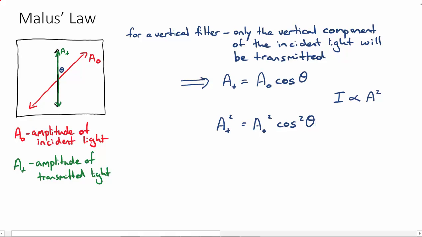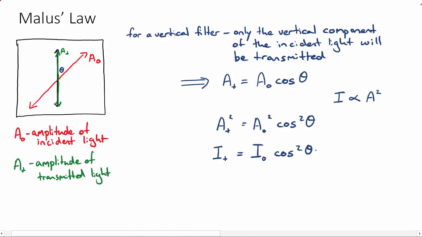So we can use this little trick, that we know the intensity is proportional to the amplitude squared, and we get the transmitted light intensity equals the incident light intensity times the cos of the angle squared.